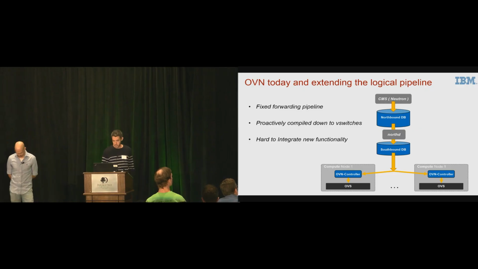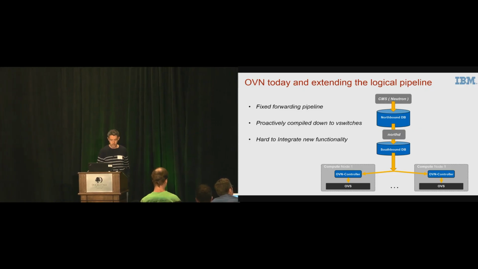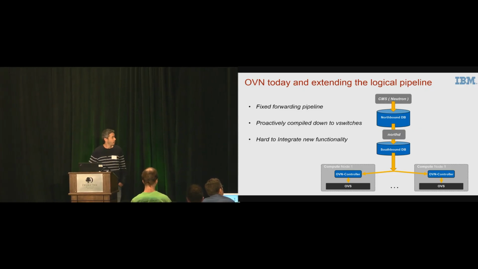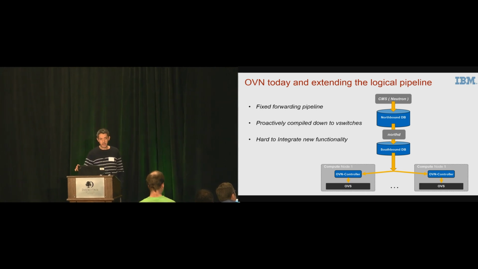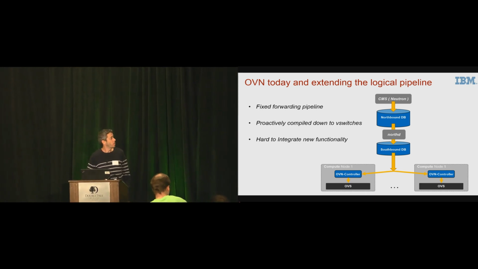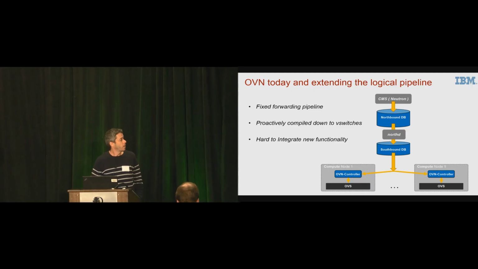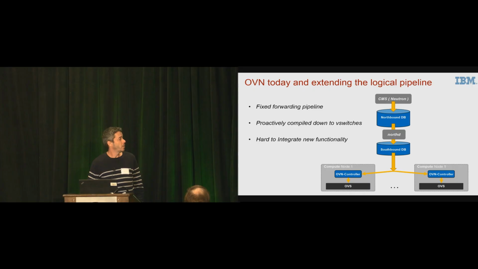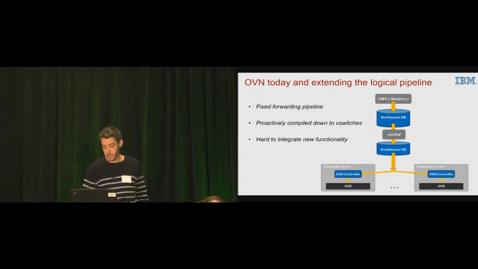So what do we have today in OVN? Today we have a fixed logical pipeline in OVN. The cloud management system, in the OpenStack case Neutron, defines the network topology. It creates logical switches, logical ports, and logical routers. Then ovn-northd will translate this topology into a logical pipeline inside the southbound DB.